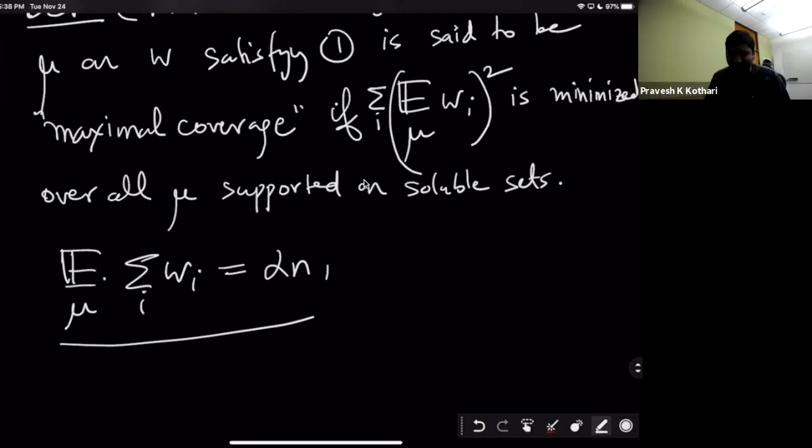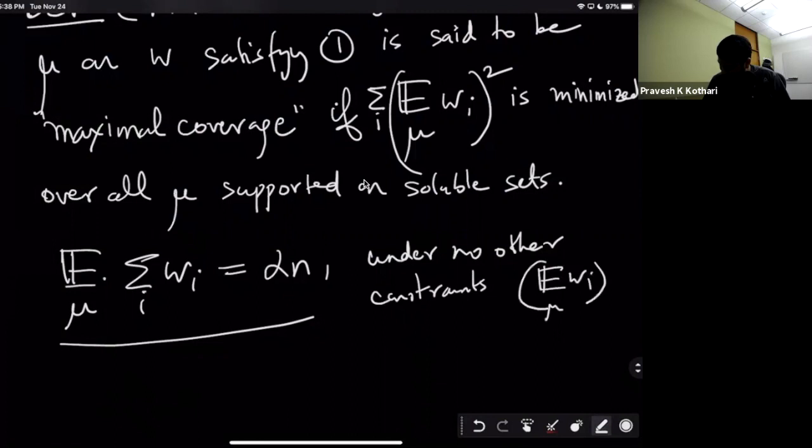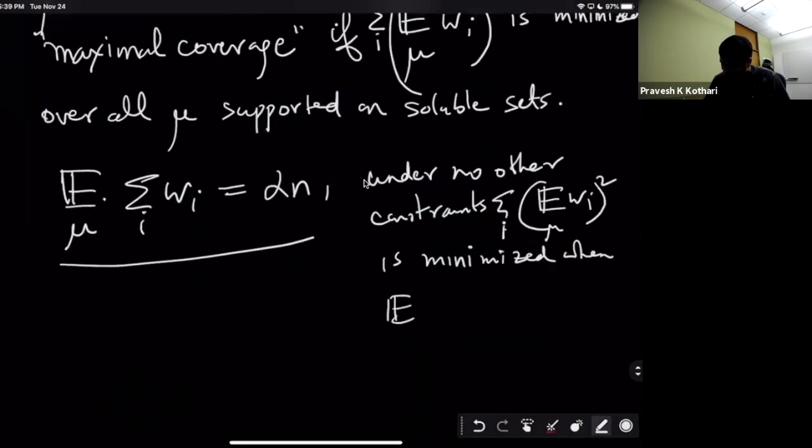The way to think about it is, if I have an L1 constraint on a vector, then the L2 norm is minimized when you spread out the mass. So under no other constraints, the expectation of Wi squared is minimized when all of these numbers are equal.